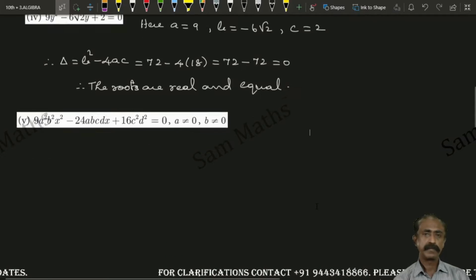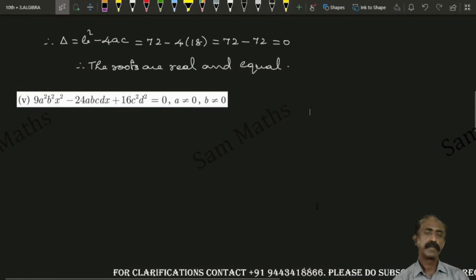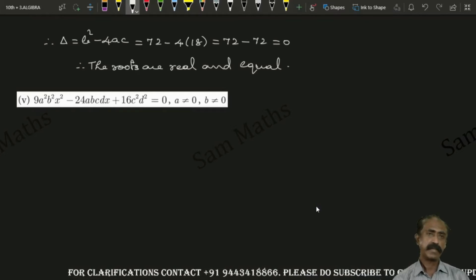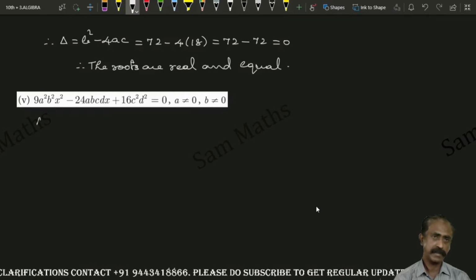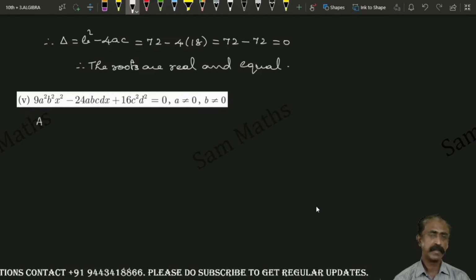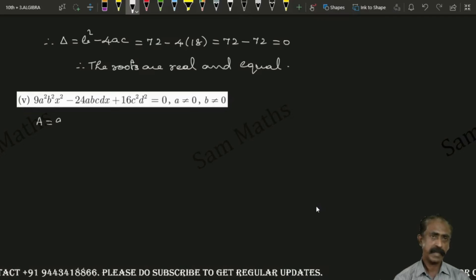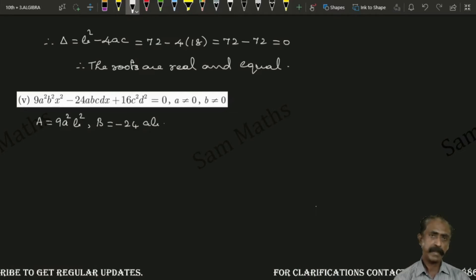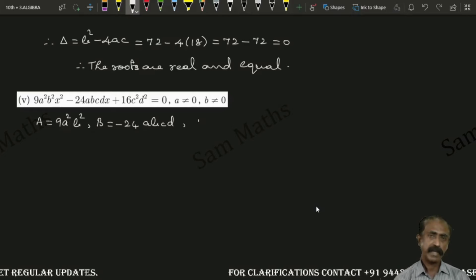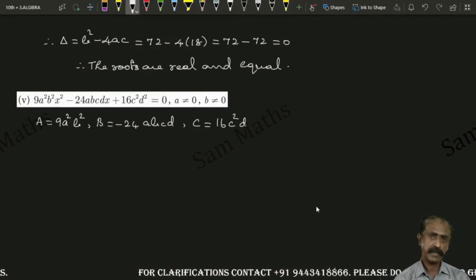Now, the fifth subdivision. Here it's given: capital A is equal to 9a square b square, capital B is equal to minus 24abcd, and capital C is equal to 16c square d square.